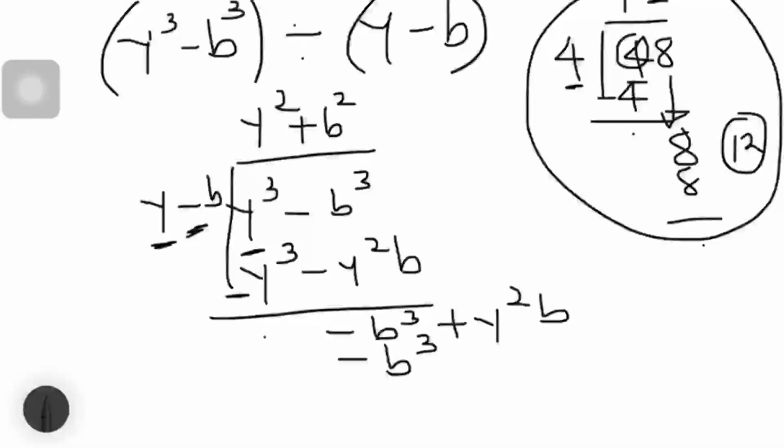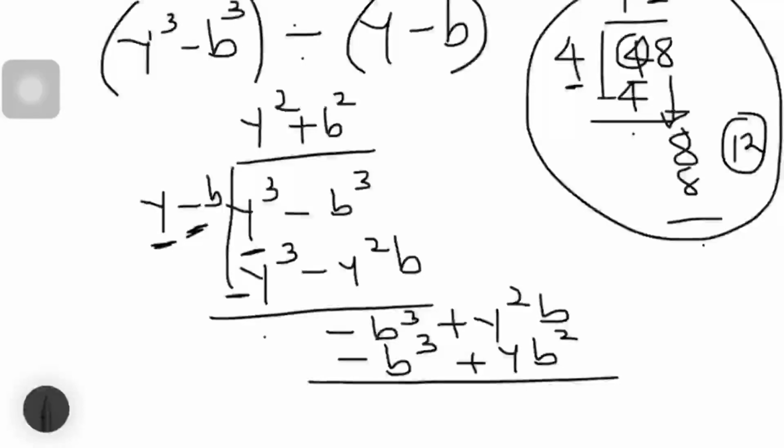So I've started with b squared multiplied by minus b, which is minus b cubed, and then plus, I have b squared multiplied by y. There I'll have y b squared, not cubed.